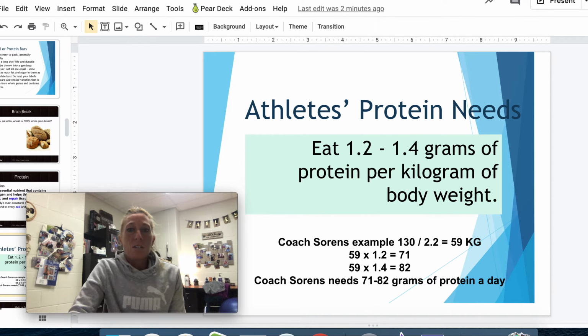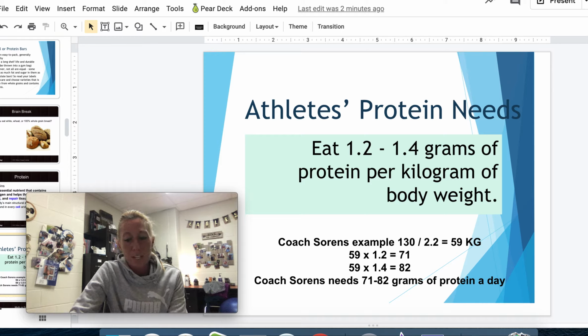Athletes' protein needs. So again, you need your calculator. Get your calculator out. We want you to eat around 1.2 to 1.4 grams of protein per kilogram of body weight. So my example again, I'm taking 130 divided by 2.2, and I weigh 59 kilograms.